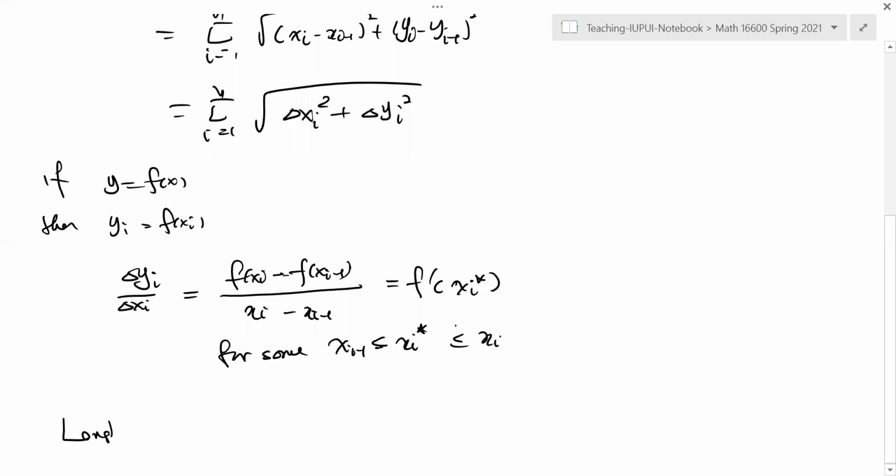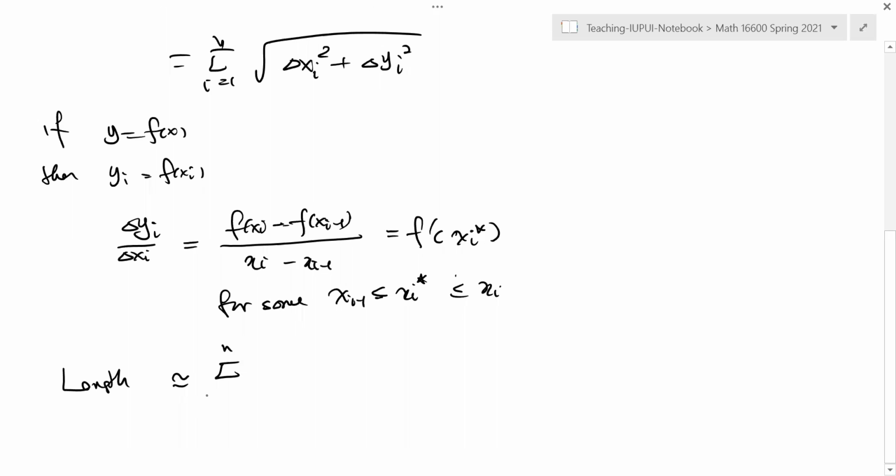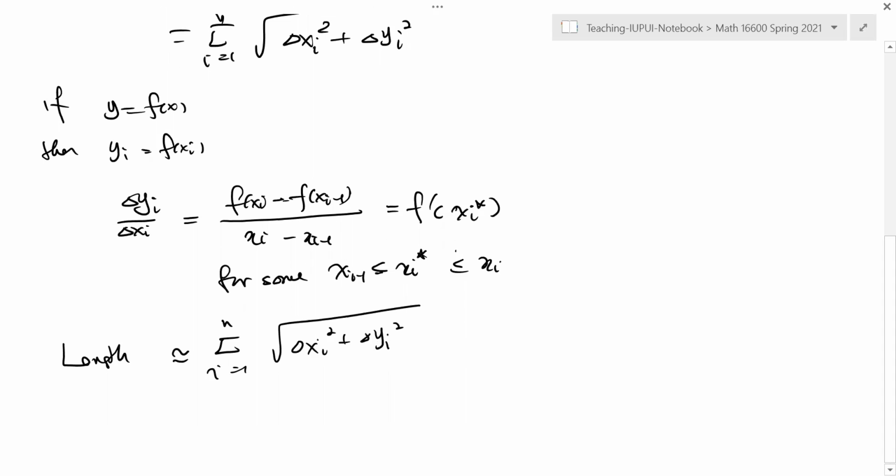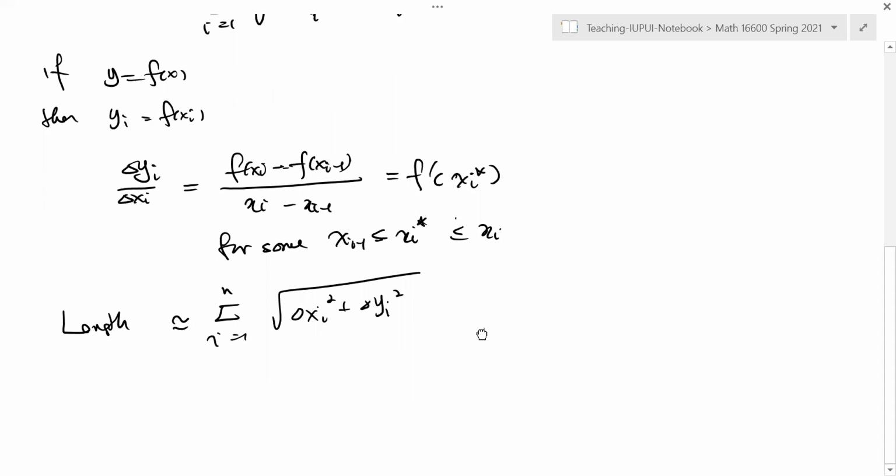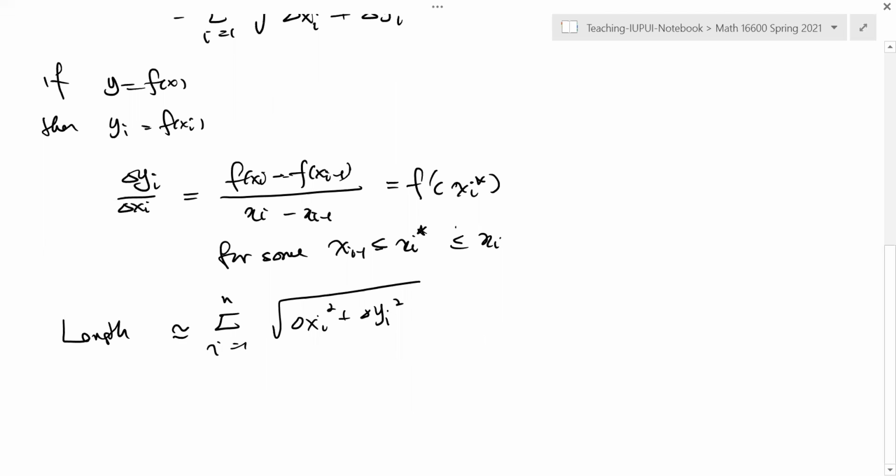All right, so the length right now is approximated by, and this is a calculus idea, how do you compute the length? The idea is to chop the curve into many pieces. Each point has coordinates xi, yi.